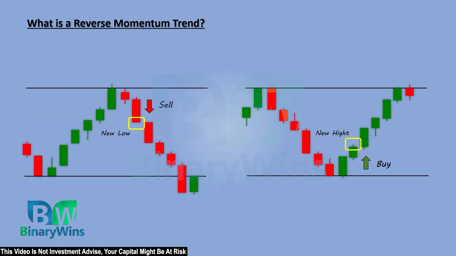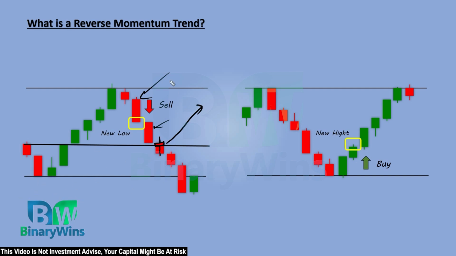But, for example, after the formation of this candle, it may form a spinning top candle for us. So, we probably have a level, a powerful level, and our reverse momentum trend may return upwards from this place.